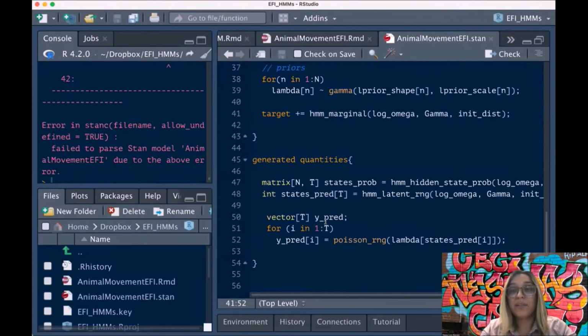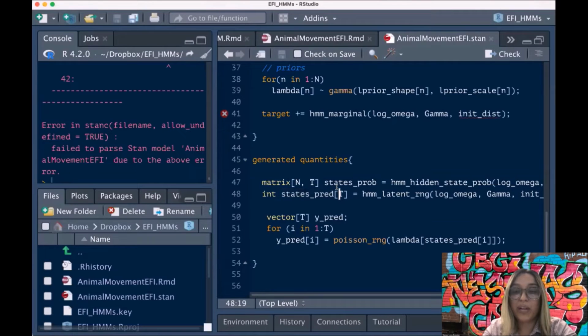And one of the reasons to use CmdStanR and the increased HMM functionality is that we can extract matrices of state probabilities. So this is from the forward-backward algorithm. And we can generate posterior distributions of our entire state sequences.